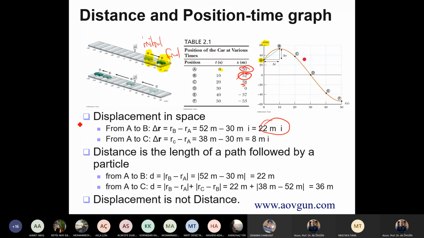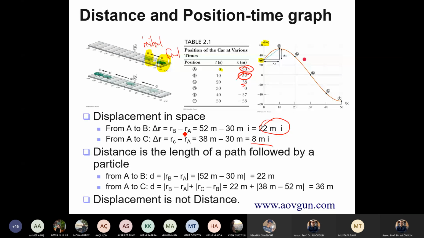So how can you find the displacement from A to C? Final position 38 meter minus initial position 30. So you will find the displacement is 8 meter I hat.